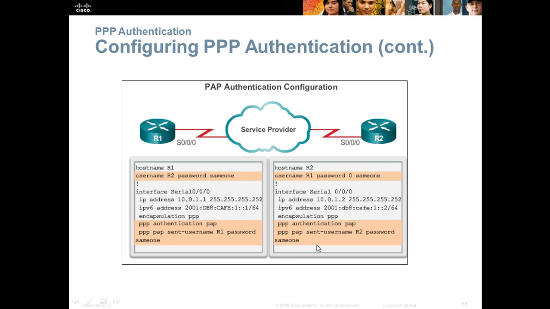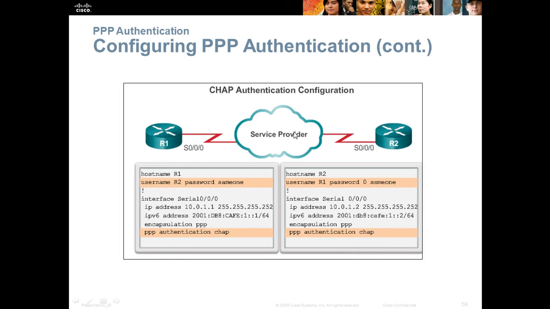It can't be that on one router you configure PAP and on another router you configure CHAP. In the second example, we have configured CHAP authentication on both routers. As you can see, ppp authentication chap. Similarly, on the other router, we have to configure ppp authentication chap.